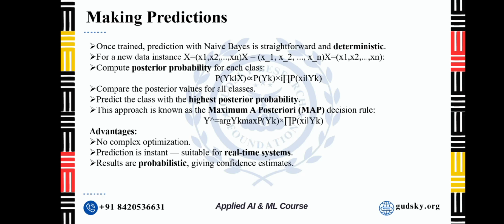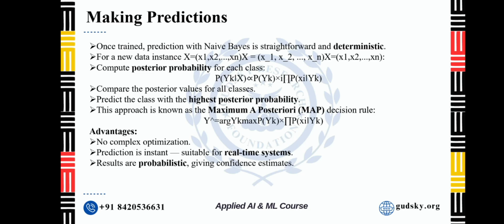Let's say we have a new email represented as x equals x1, x2, up to xn. For each possible class y_k, that means spam or not spam, the model computes the posterior probability based on the given formula. Then it compares the posterior probabilities for all classes and chooses the one that's highest.